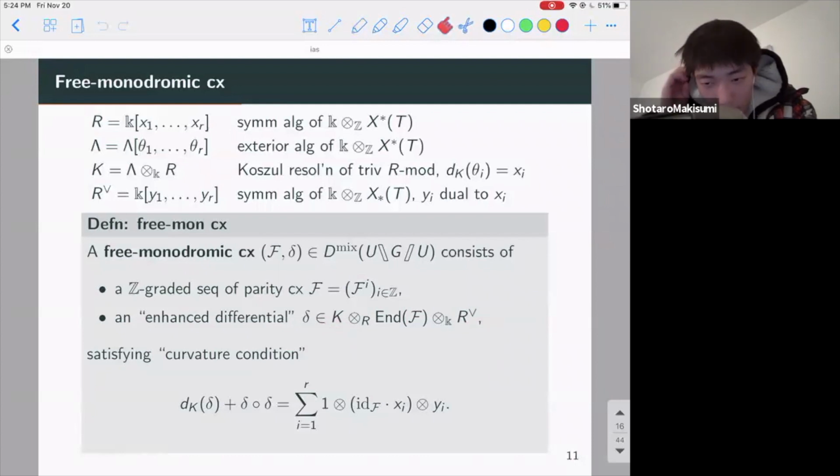And all of this data is required to satisfy not that delta, the differential, squares to 0, but some sort of curvature condition. And this term on the right is some central degree 2 element. So this is a kind of Maurer-Cartan equation with curvature. So this is saying that a free monodromic complex is some sort of curved complex.